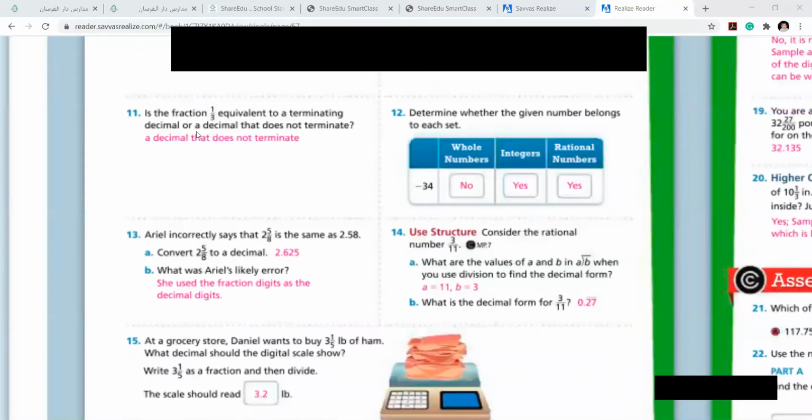Question number 11. Is the fraction 1 by 3 a terminating decimal or a decimal that does not terminate? If you solve 1 over 3, let me try doing it here. Sorry, the denominator must be outside.